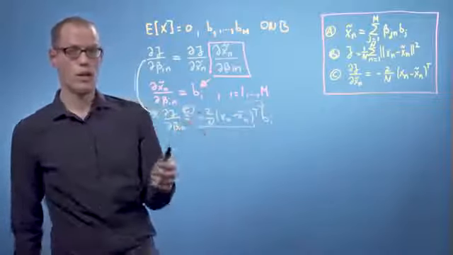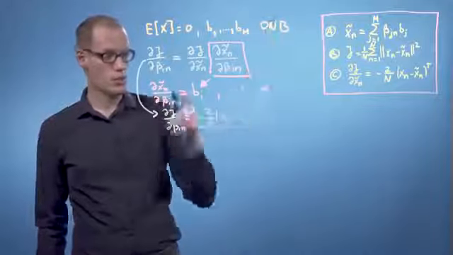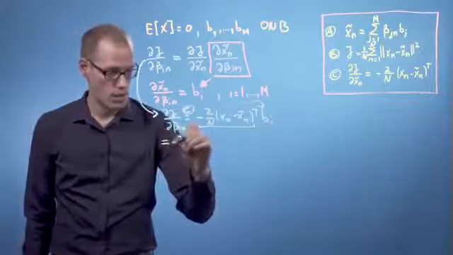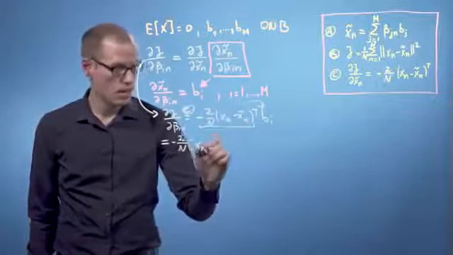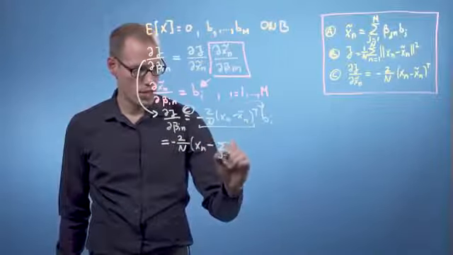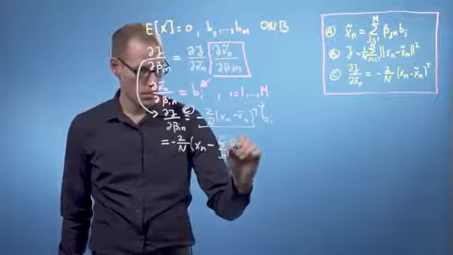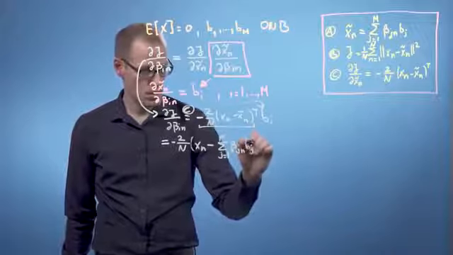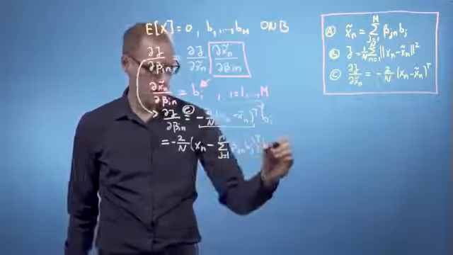And what we're going to do now is replace xn tilde using equation A. So we end up with minus 2 over n times xn minus the sum of j equals 1 to m beta jn times bj transpose times bi.